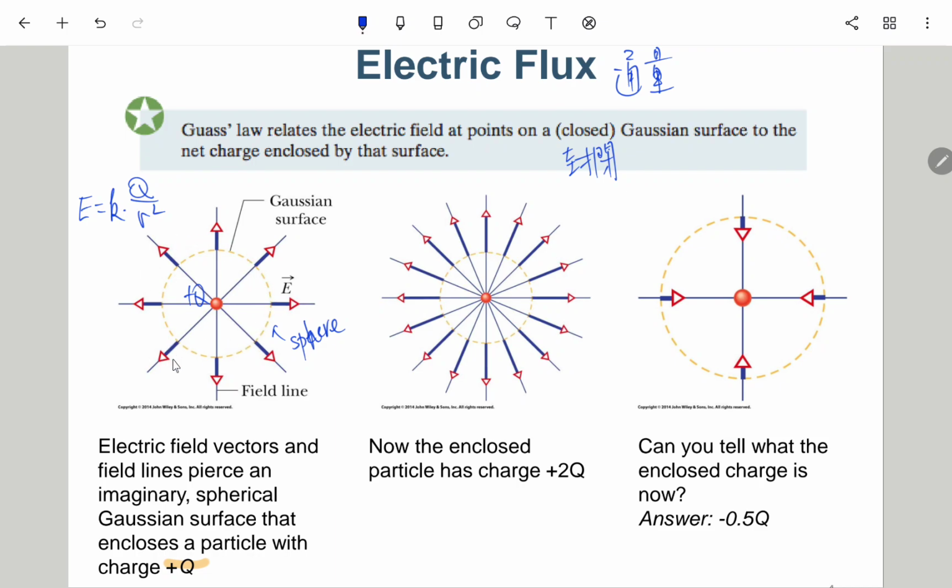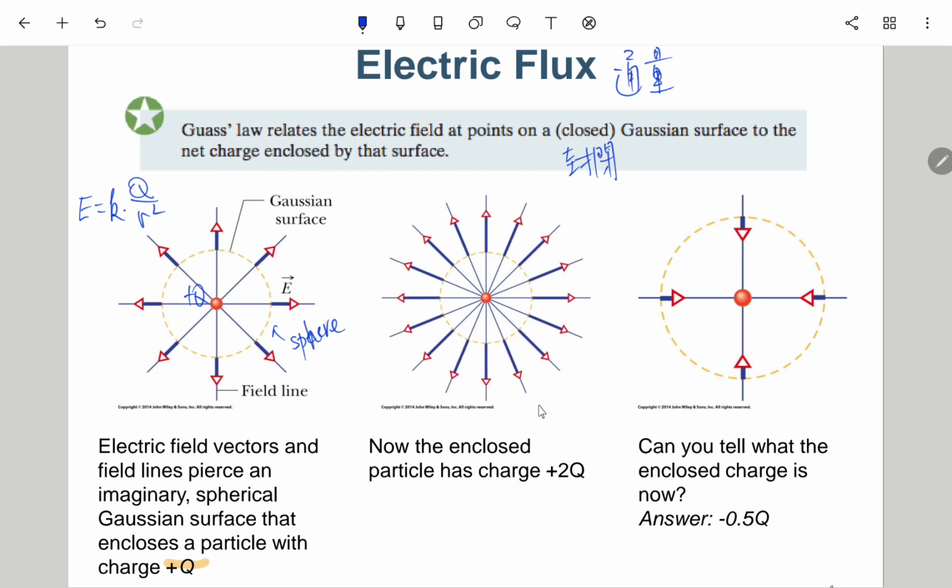For example, in this figure we can see there are 1, 2, 3, 4, 5, 6, 7, 8. There are 8 electric field lines going through this circle. In a 3D figure it is not possible to really count, but in 2D we can really count. There are 8 arrows going through.